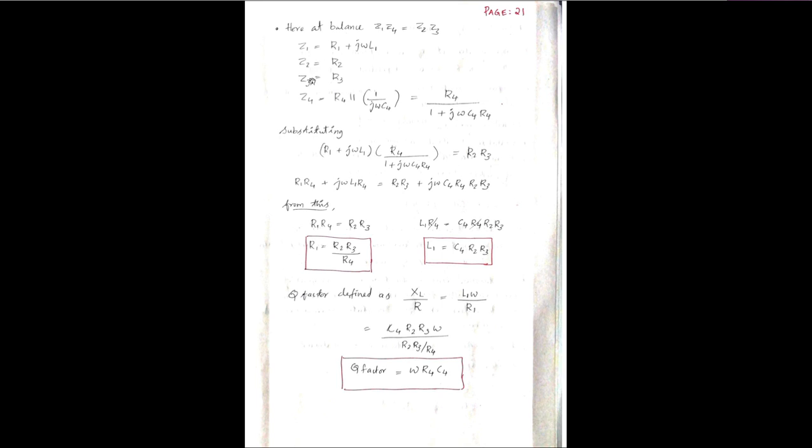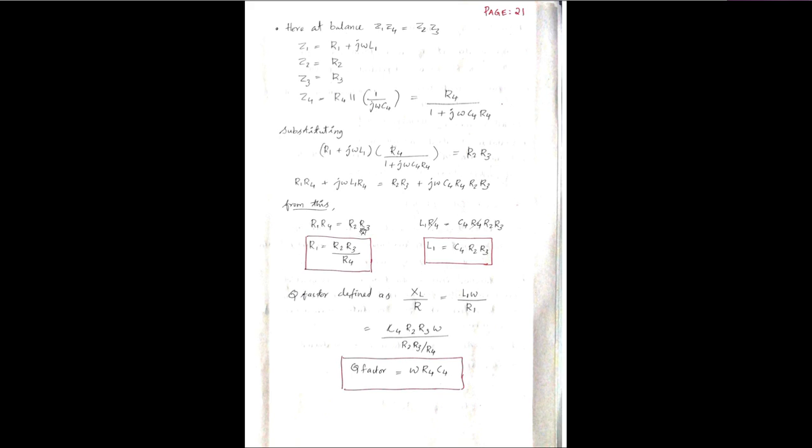Substituting Z1, Z2, Z3, Z4 in the balance equation and solving, we get R1 R4 plus j omega L1 R4 equal to R2 R3 plus j omega C4 R4 R2 R3. Equating the real and imaginary parts, R1 equals R2 R3 divided by R4, and L1 equals C4 R2 R3.